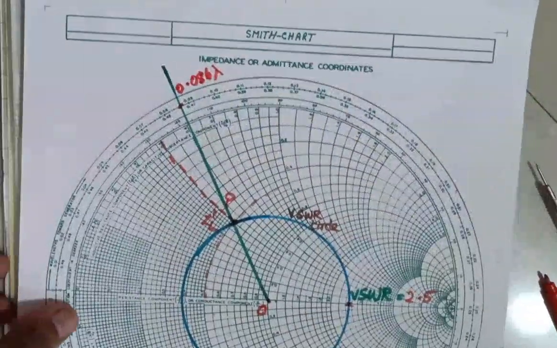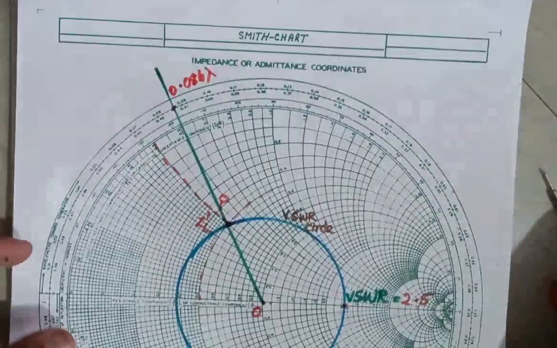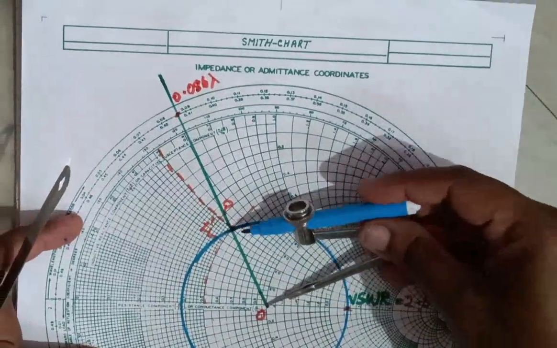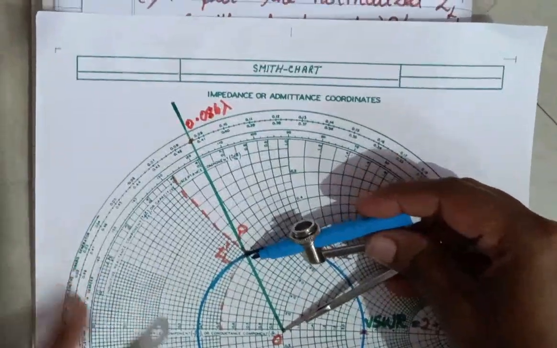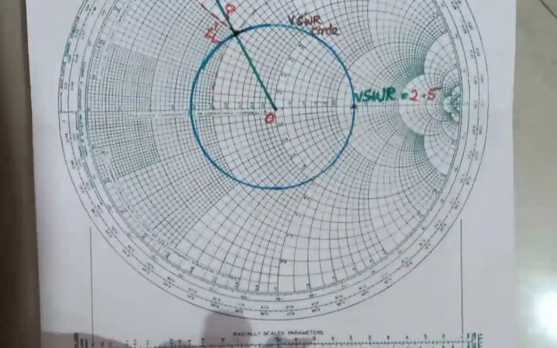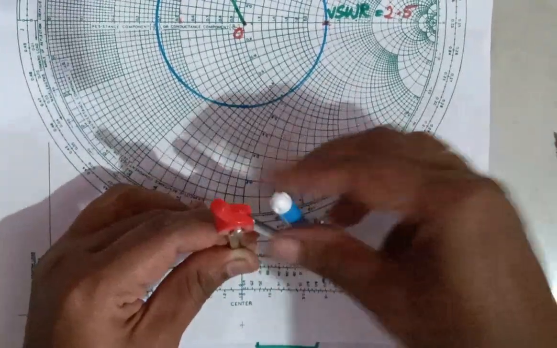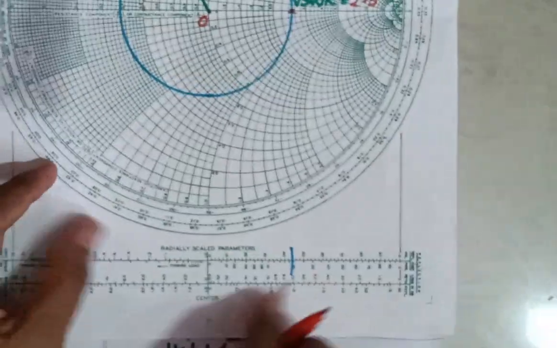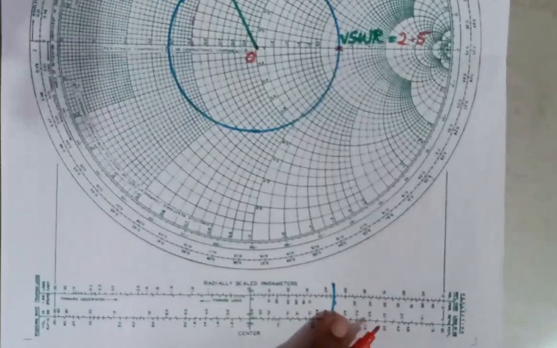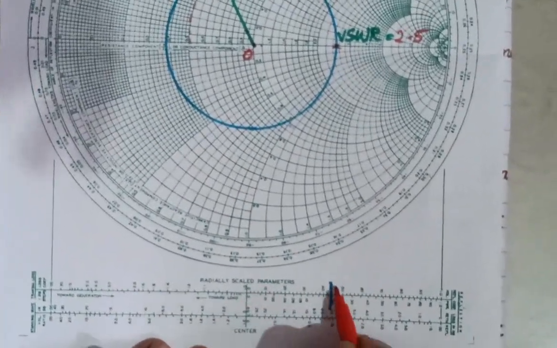Next one is to calculate the reflection coefficient. So you must take the same radius, draw an arc downside that will cut at the point here. On the top line you will get the reflection coefficient.